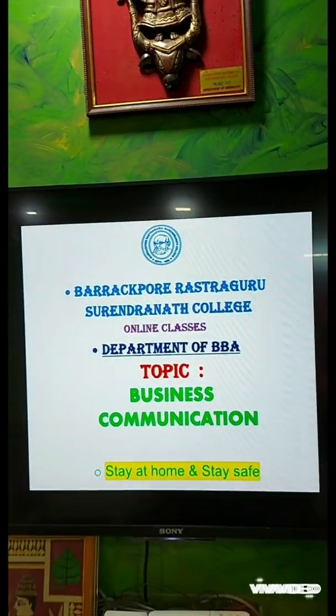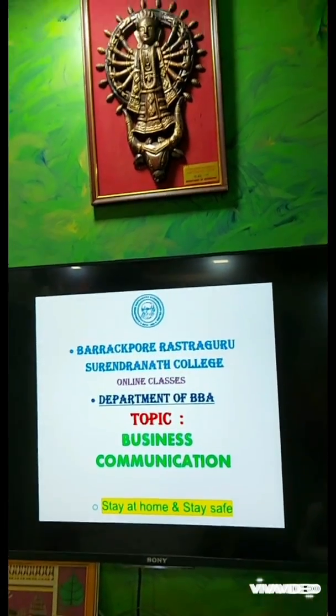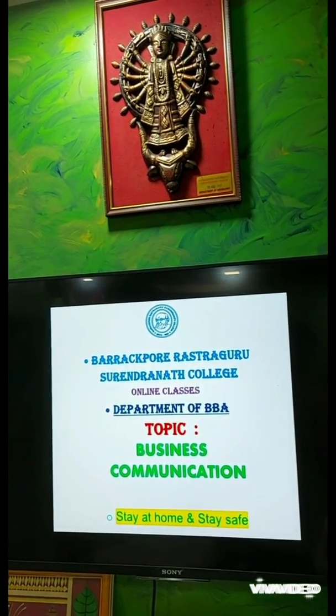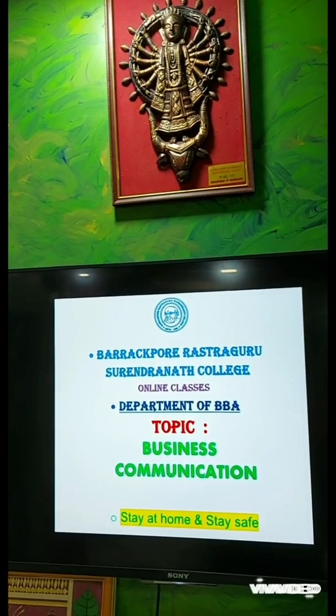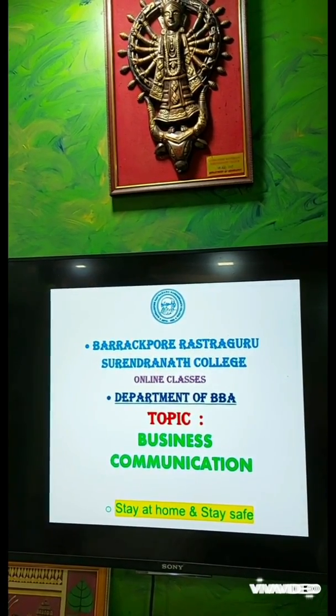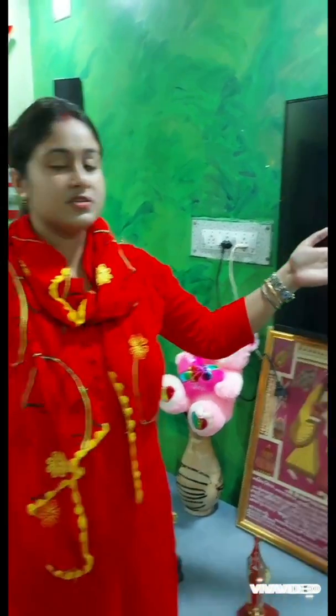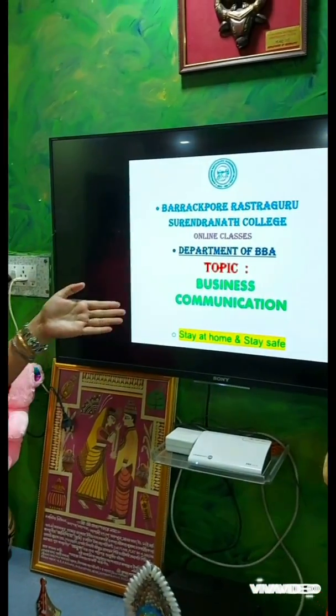There are many others which arise due to distance, shortage of time, communication overload, lack of mutual trust, premature evaluation, pressure of work, etc. So this is all about business communication, and I end the chapter here.